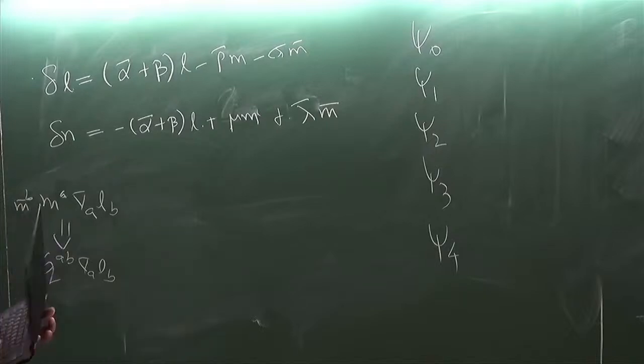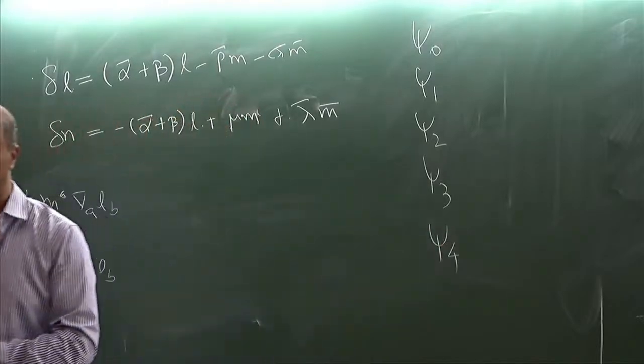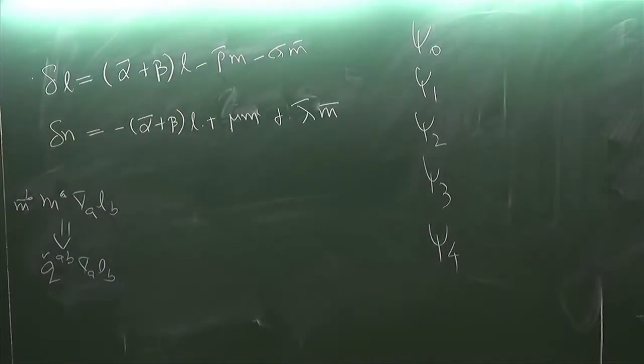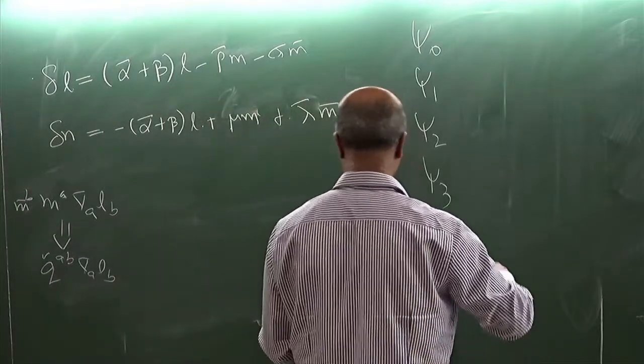Now, if you have listened to any talks on gravitational waves, and let's say numerical simulation, they'll often talk about psi 4 all the time. Psi 4 is nothing but a component of the Weyl tensor. And this has some special properties, so all these have some special properties. Let me write these down now.